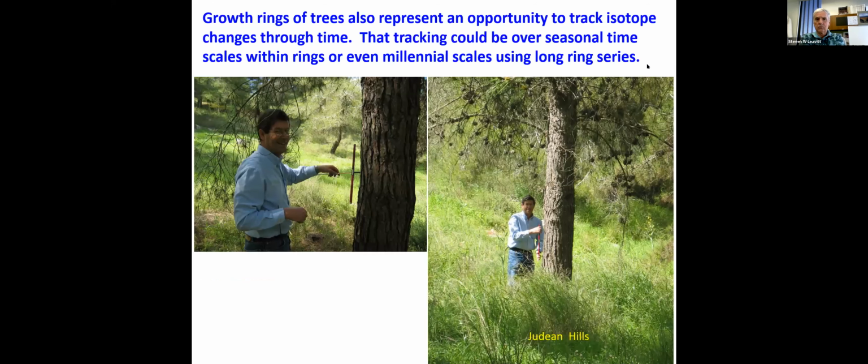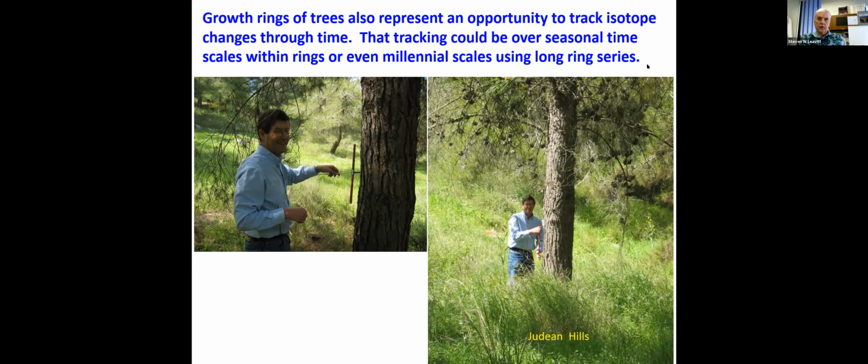There's another way though, and that involves using tree rings to track isotope changes through time. This can be done on several time scales, including within the ring, so that you can learn something about seasonal changes in processes through those isotopes.